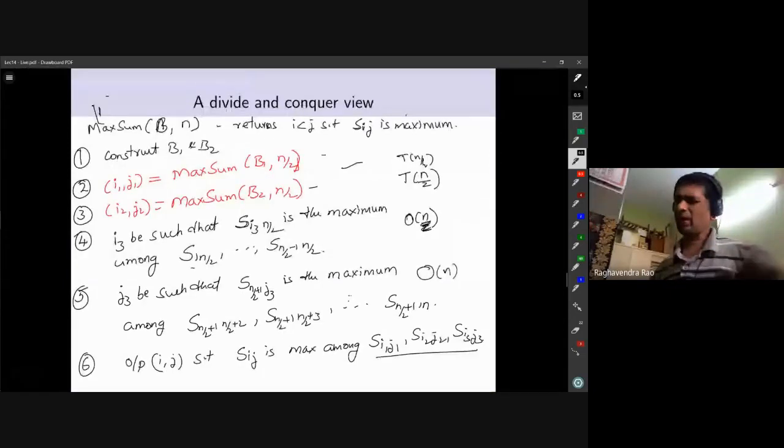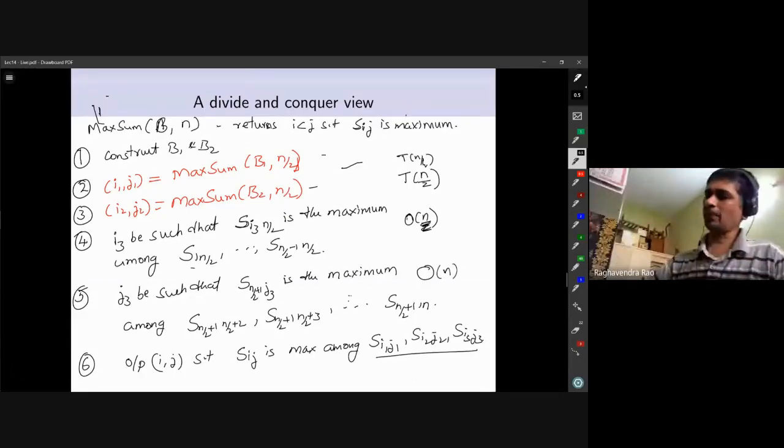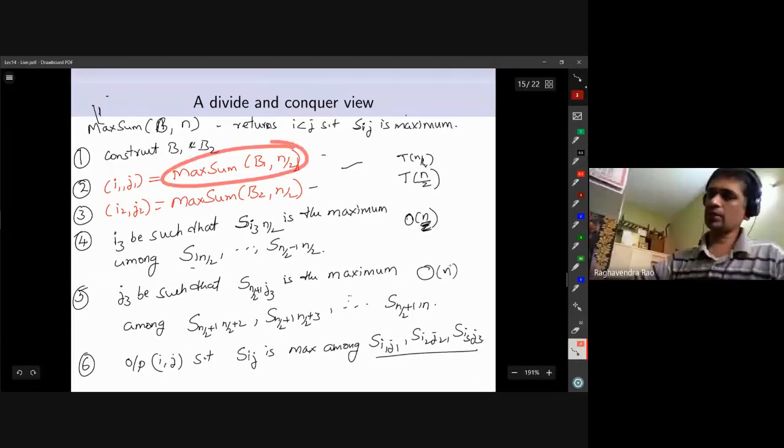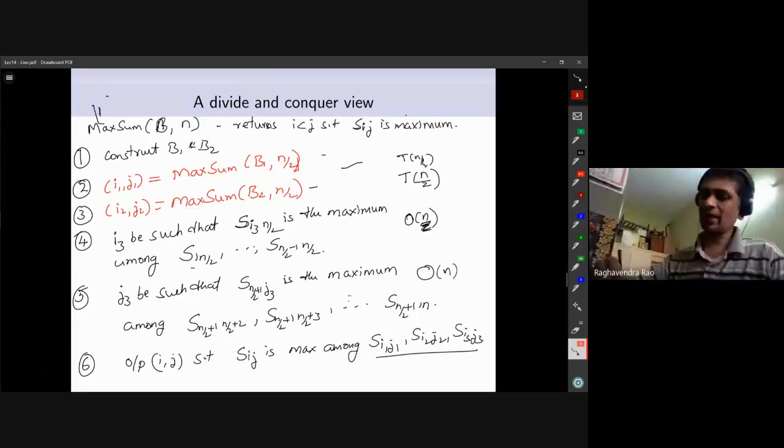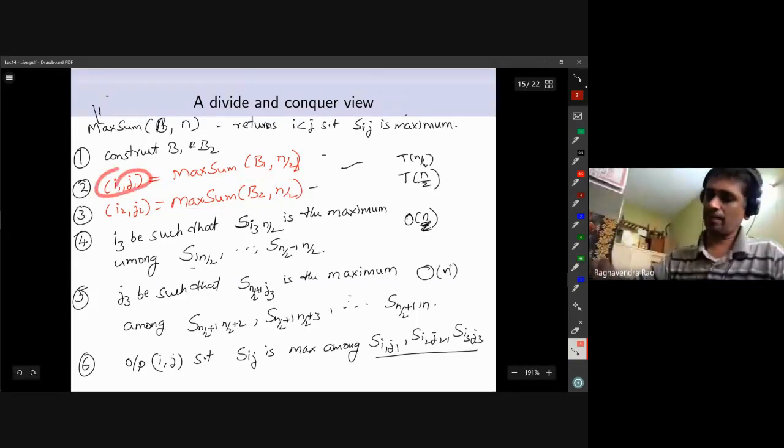So what I want you to do is formally write down the argument, correctness. Okay. So how do you prove correctness? So you simply apply induction hypothesis. By induction hypothesis, these two recursive calls are going to return you the correct value. Now you need a third claim stating that if you take maximum among these three, that is going to be the maximum.